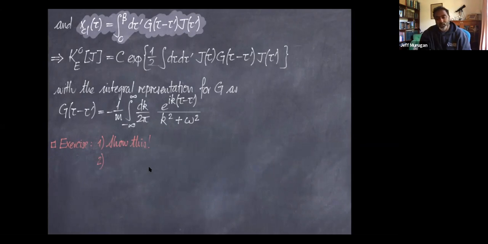So the way to do this is to use an appropriate contour in the complex k plane and compute the zero temperature or beta to infinity Green's function.